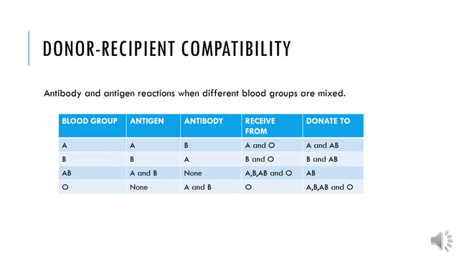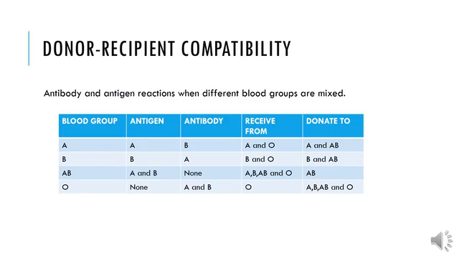In looking at the donor-recipient compatibility, we consider the antigens and the antibodies that are present in a particular blood group. Blood group A has got antigen A, meaning that it's going to produce antibodies against what is not it, which is B. So blood group A will have antigen A but antibody B. Who can a blood group A person receive from?